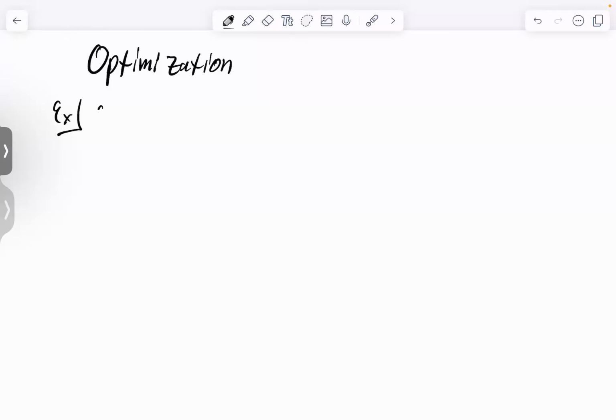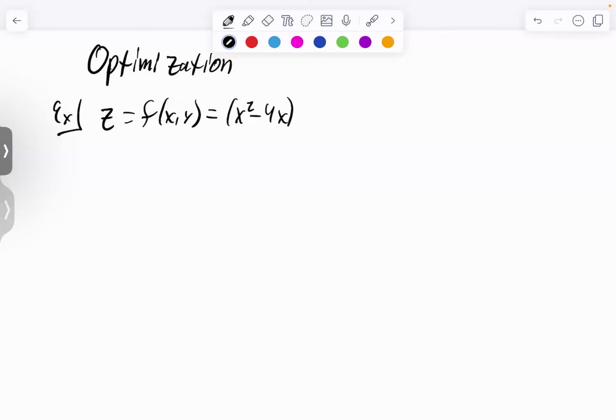They're calling it z, which is f of x, y, and is x squared minus 4x plus y squared minus 3y. It's very nice that they separated out the function of x and the function of y like that. That's going to make it a lot easier.